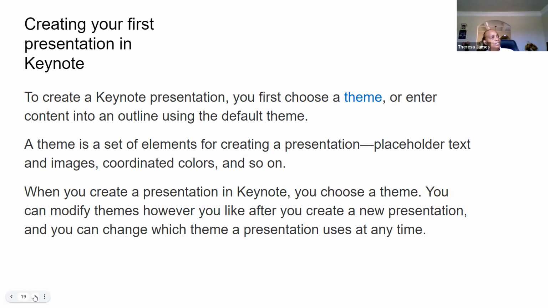Where you can place images and coordinate colors and so on. When you create a presentation in Keynote, you choose a theme. You can modify the themes however you like after you create a new presentation, and you can change which theme a presentation uses at any time. You're not always stuck with one theme.